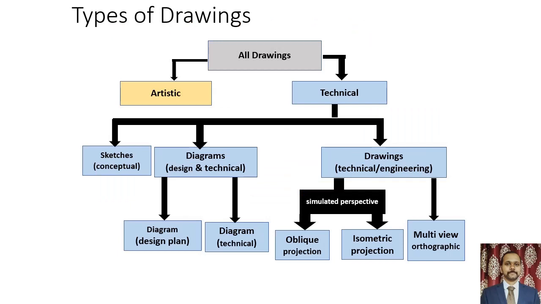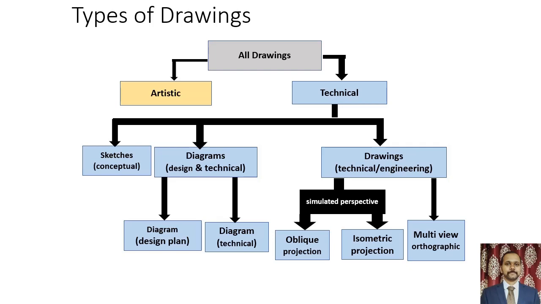So what are the types of drawing? There are a lot of types of drawings, but how can we technically differentiate all these drawings? Basically, all drawings are divided into two branches: artistic drawing and technical drawing.